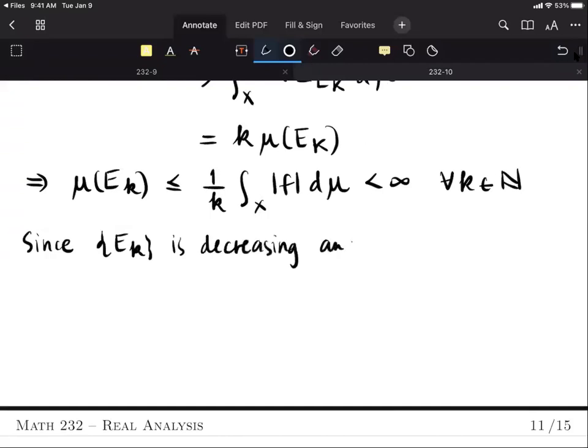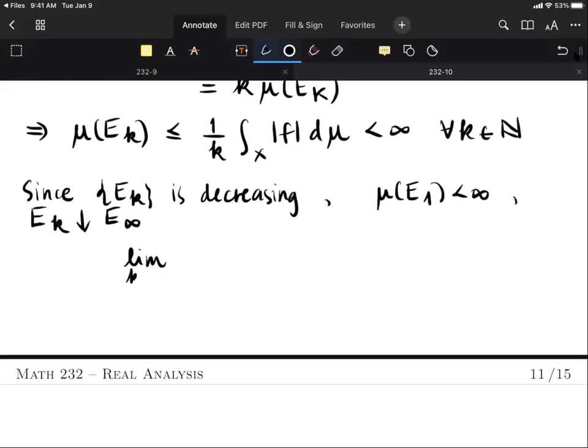And we know that the measure of the first set is finite. We can apply the continuity, and also take note that E sub k decreases to E infinity.